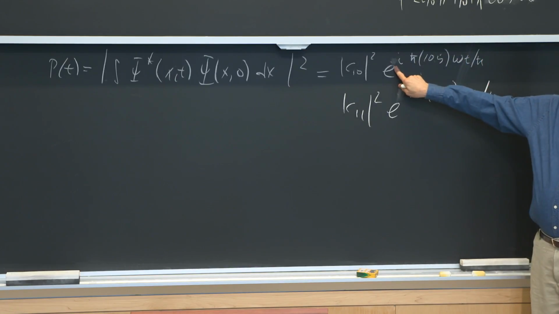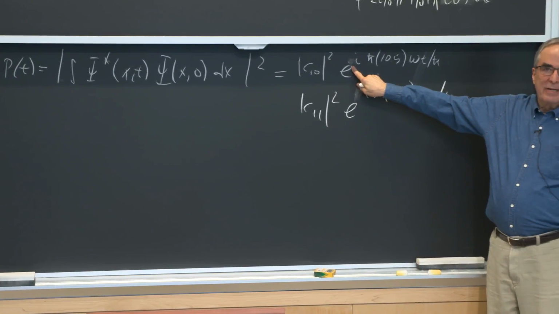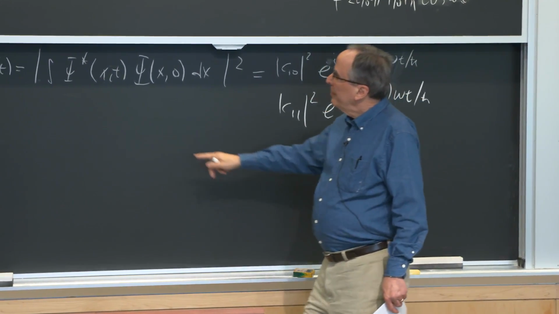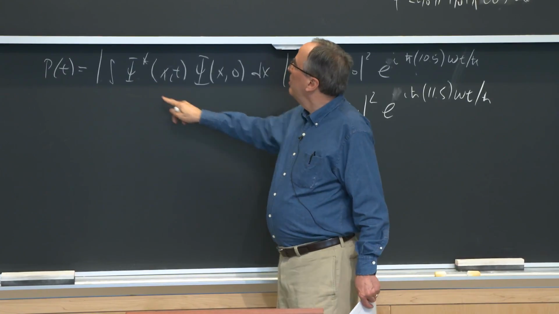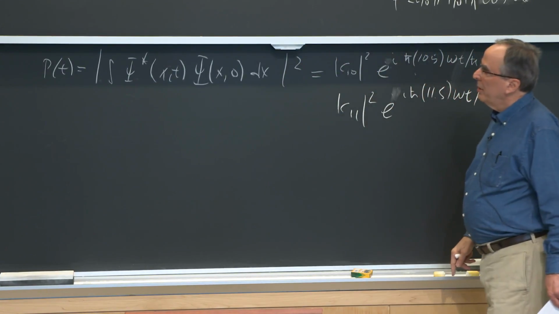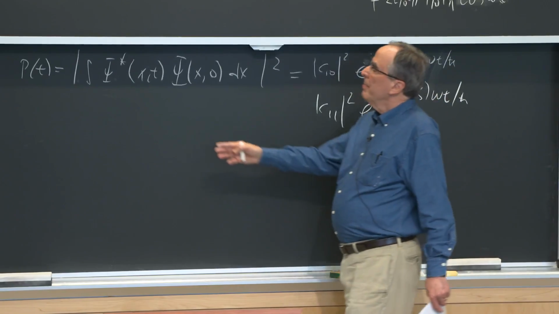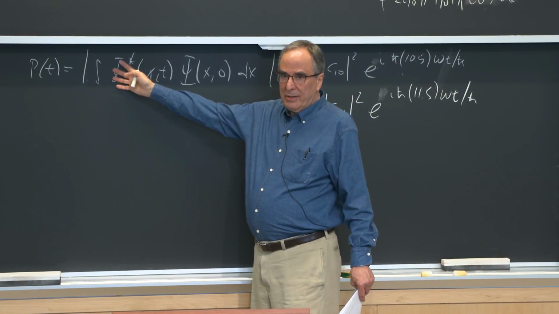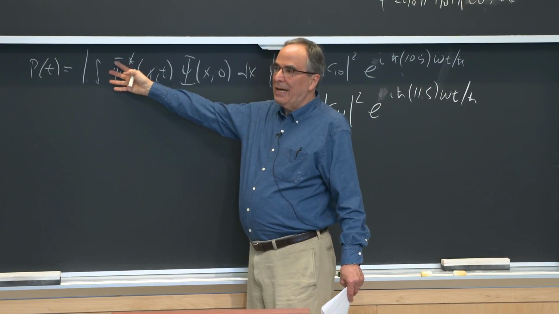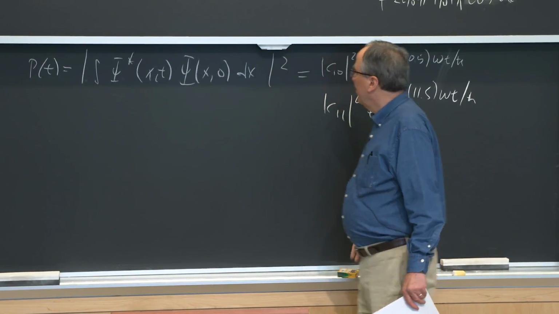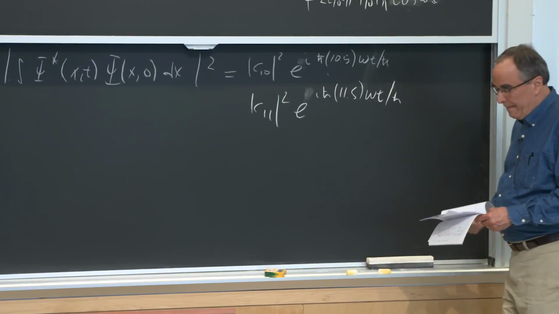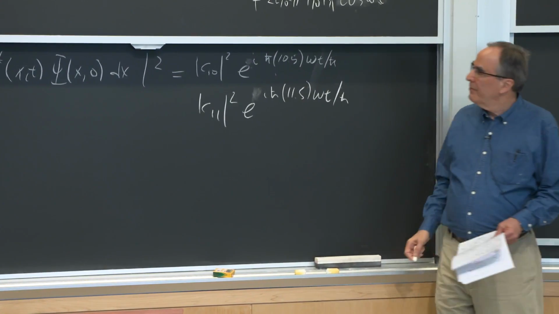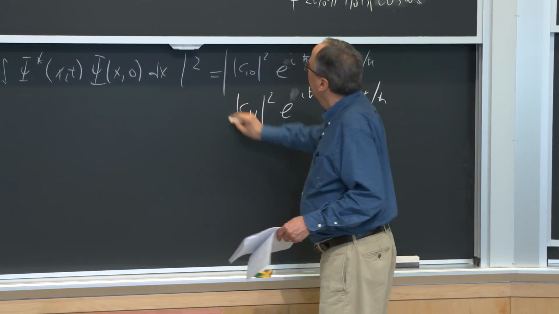Why did I make the mistake here? Well, we have a psi star, and so we're going to get the complex conjugate of the e to the minus i omega. And you end up getting this. That whole thing is modulus squared, right? Yes, exactly.